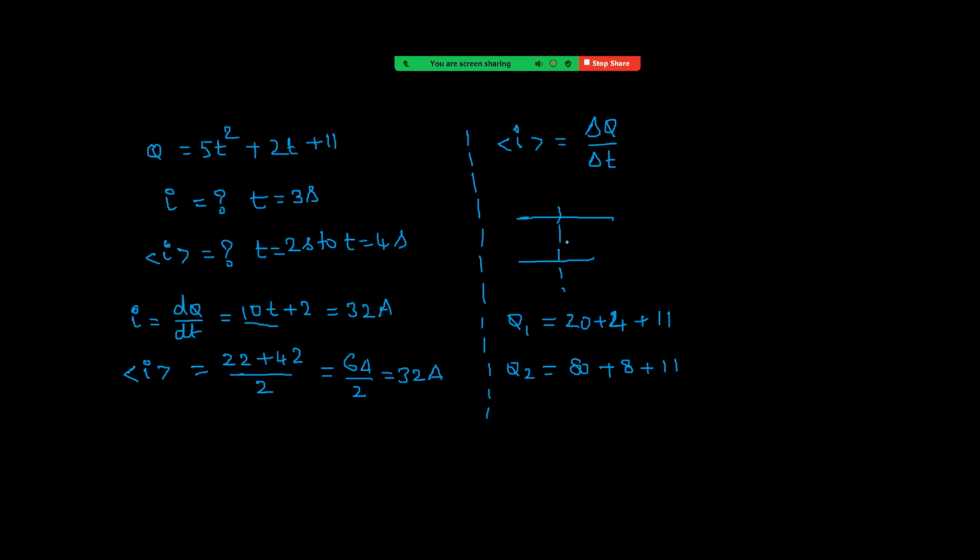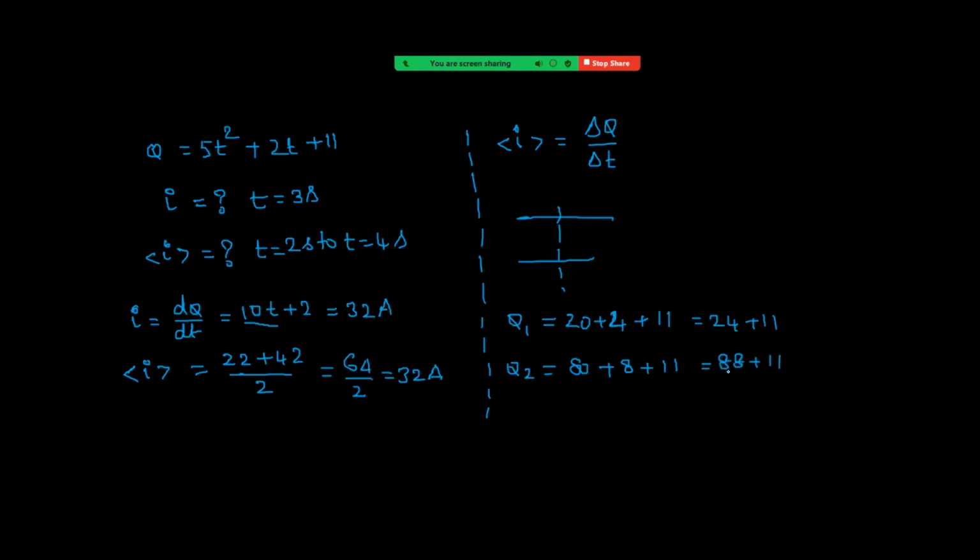So when t equal to 2 seconds, Q1 charge is flowing. When t equal to 4 seconds, Q2 charge is flowing. So how much net charge has flown? Q1 is now 24 plus 11, and Q2 is 88 plus 11.